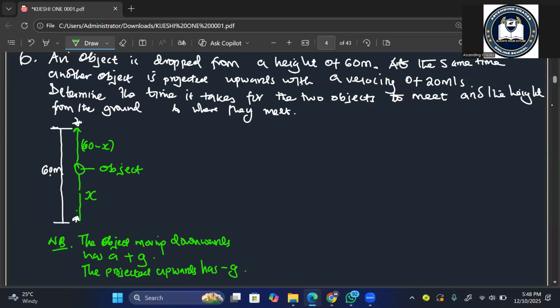In short, it is moving against gravitational pull. So the one that was moving up had an initial velocity of 20 meters per second, whereas this one was coming from rest, so you can say its initial velocity was 0 meters per second.